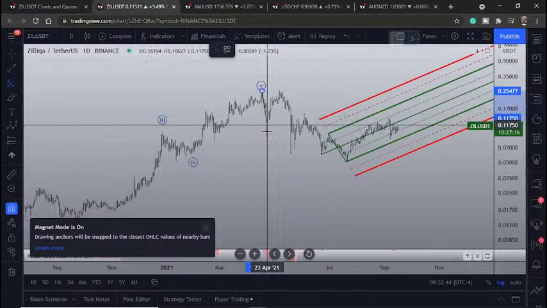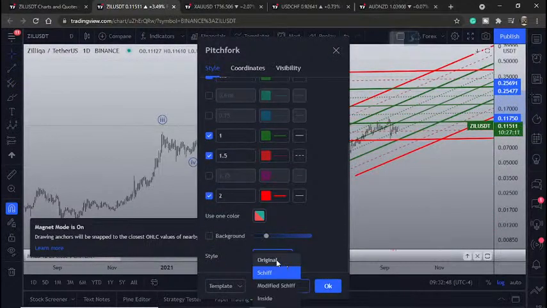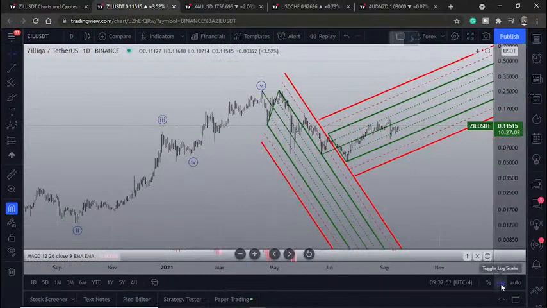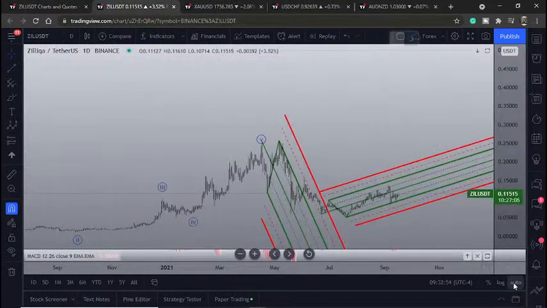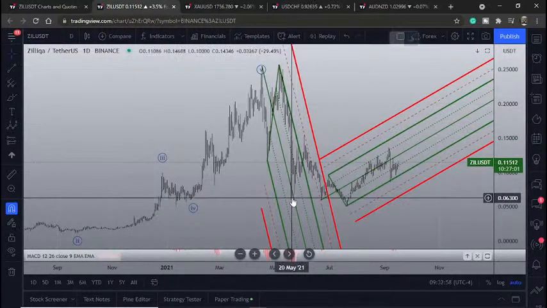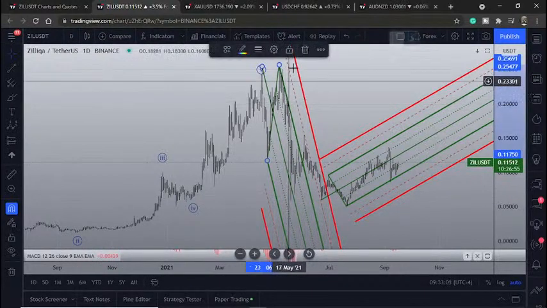This was an A, and I like to use a standard pitchfork with. Now if we had to go out of log scale onto auto, caught this low here, which was almost the actual low. The actual low came in later at the center median line.